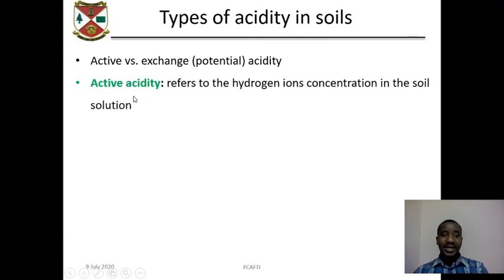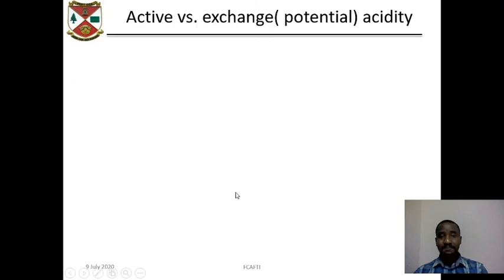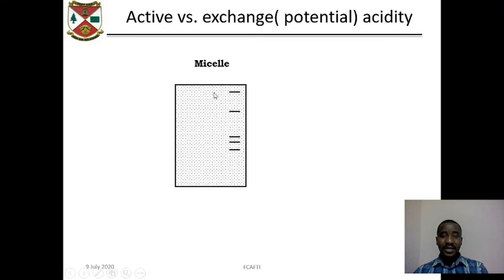Now, we said that active acidity refers to the hydrogen ion concentration in the soil solution, okay? And exchange acidity refers to those hydrogen and aluminum ions that are adsorbed on the soil colloids. So I tried here to draw a soil colloid, or a micelle.